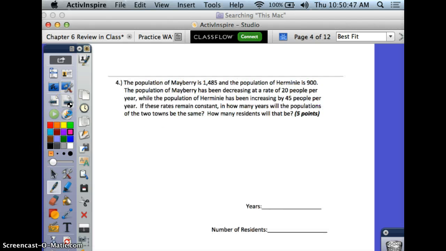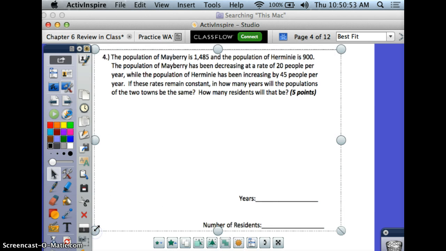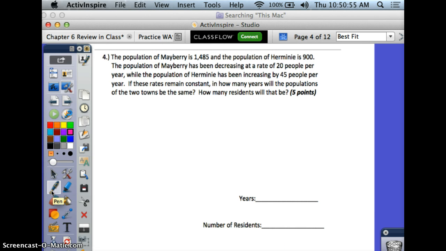Number 4, the population of Mayberry is 1,485, while the population of Hermione is 900. The population of Mayberry has been decreasing, going down, negative, at a rate of 20 people per year, while the population of Hermione has been increasing, so that would be positive, by 45 people per year.